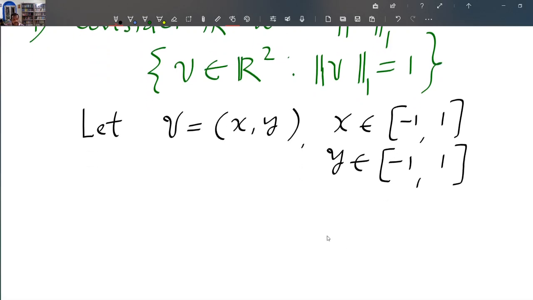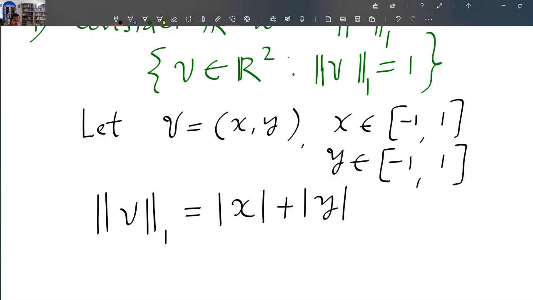Now, what is the 1 norm of v? By definition, it is the modulus of x plus the modulus of y.